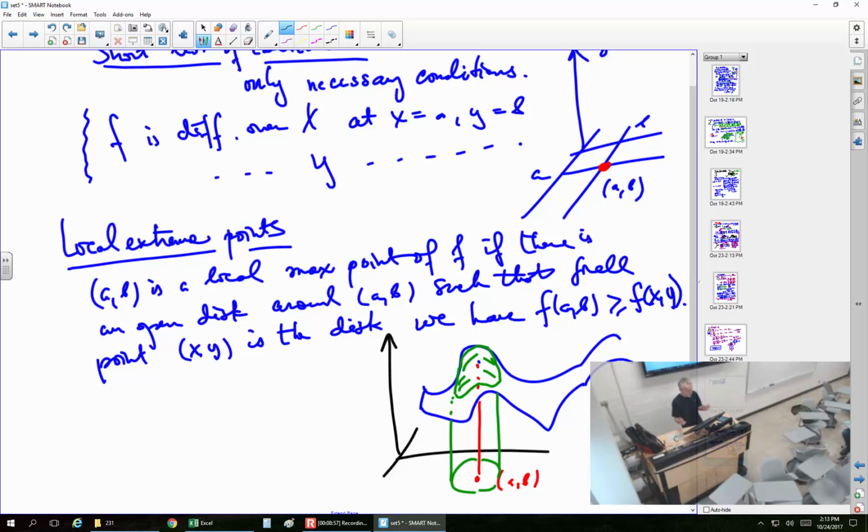So the analogy is perfect with dimension 1, where we had a point a, and we limited our attention to an open interval around a. Once again, I'm limiting my attention to that open interval, and I cut a piece of my graph, which produces a curve.